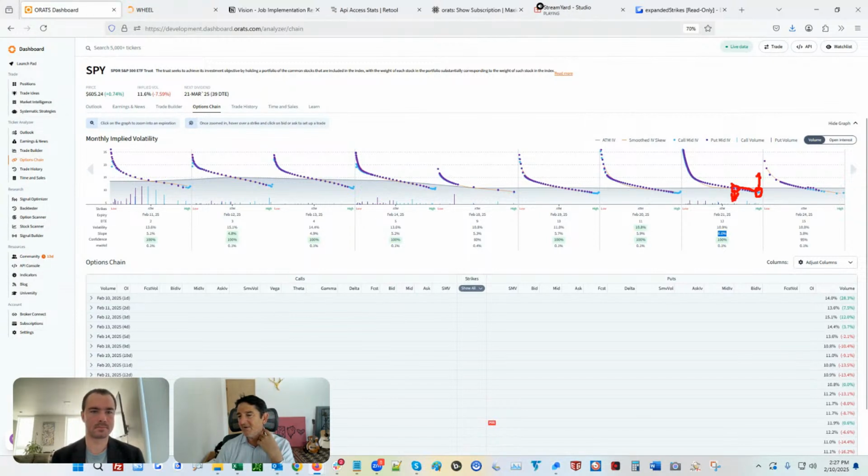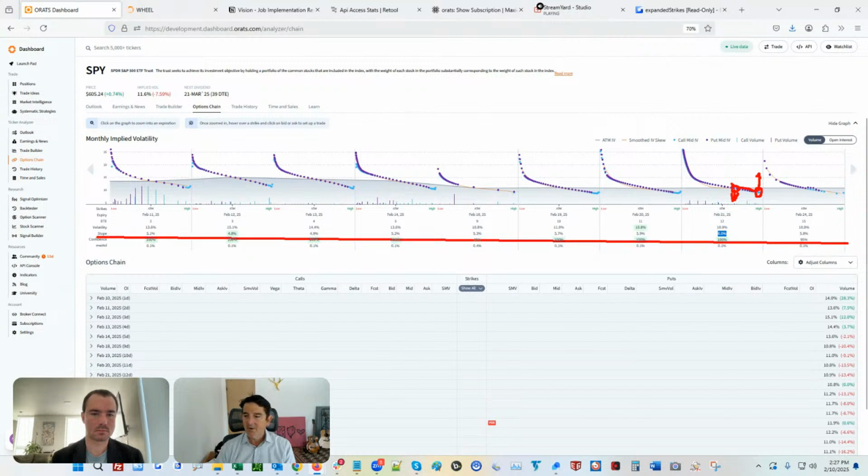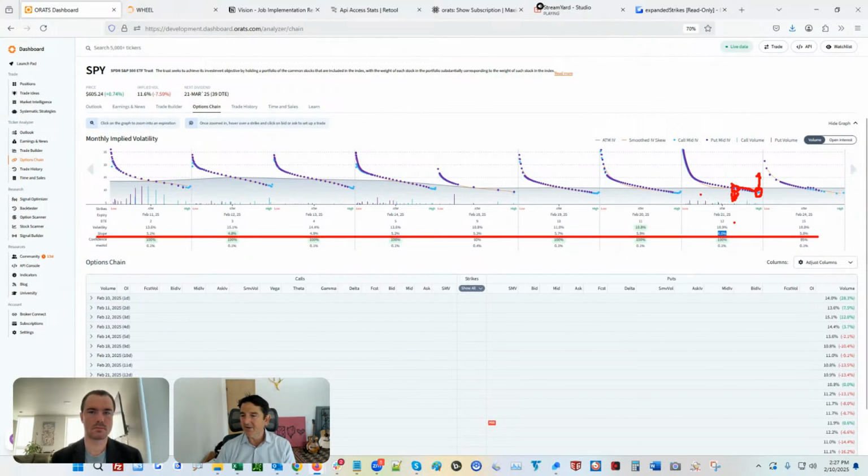So if we're selling a call spread, maybe we sell a call spread today. Here's the slope, and this month looks like the steepest slope here, Feb 21.